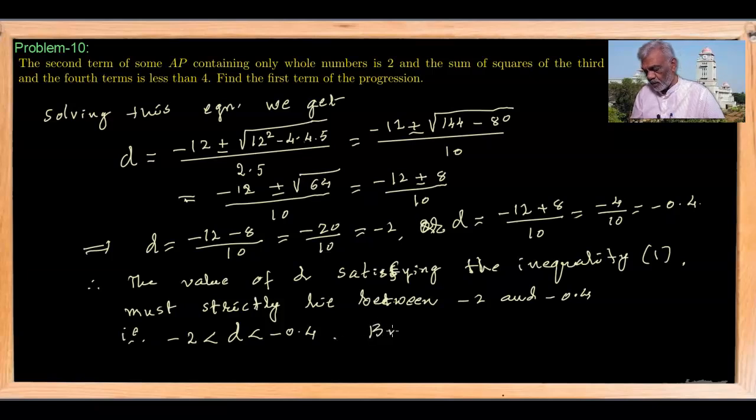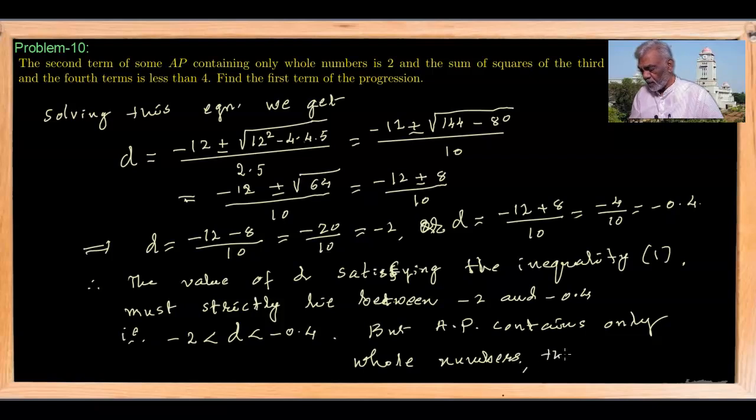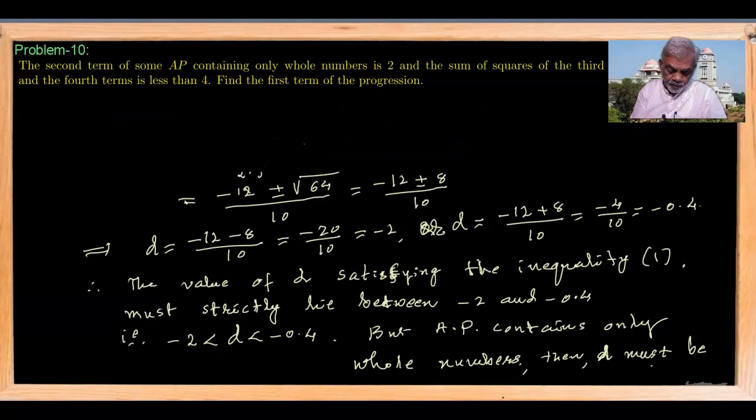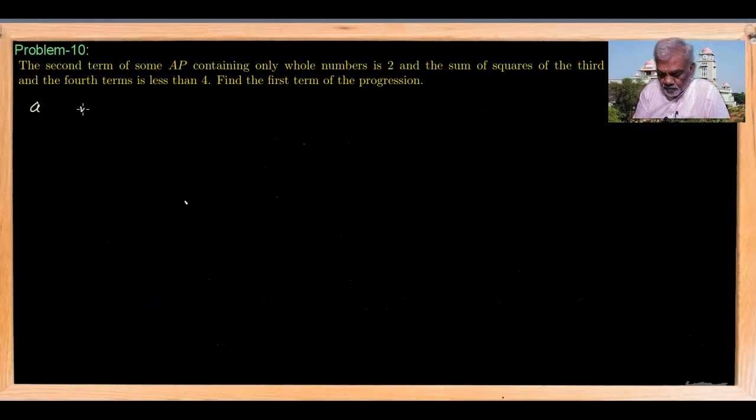But the AP contains only whole numbers. Therefore, D must be a whole number.